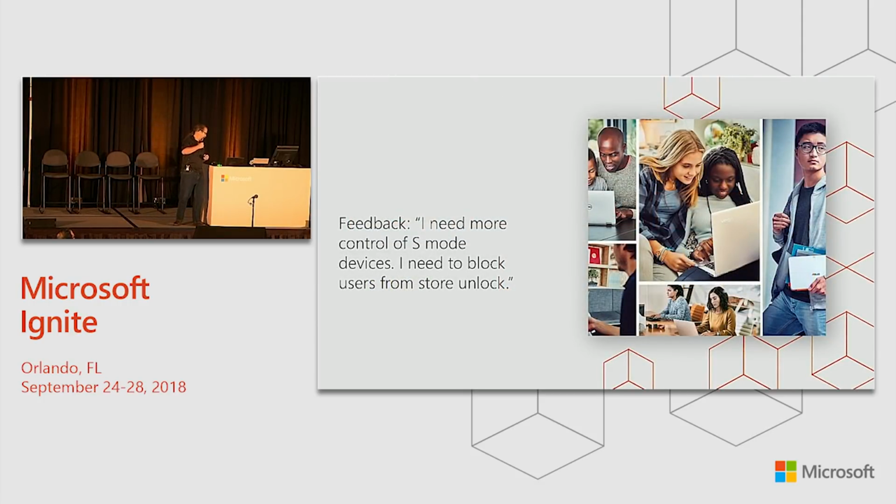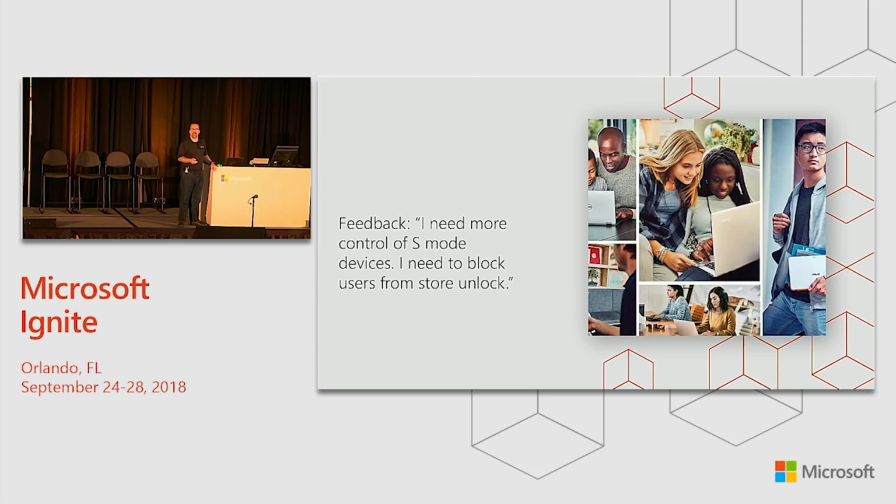Here's some more feedback. I need more control of S mode devices. I need to block users from store unlock. I didn't see that coming, but it's there. One of the reasons why a lot of our customers wanted to try S mode is they wanted to give a user something that they could have complete control over.